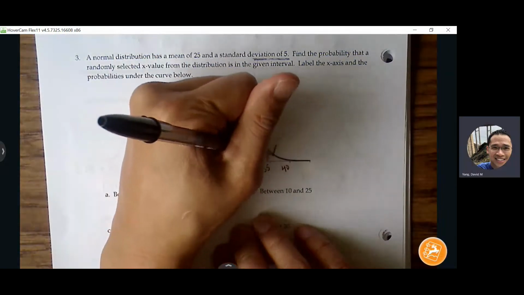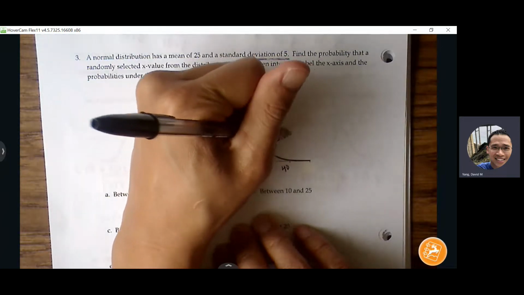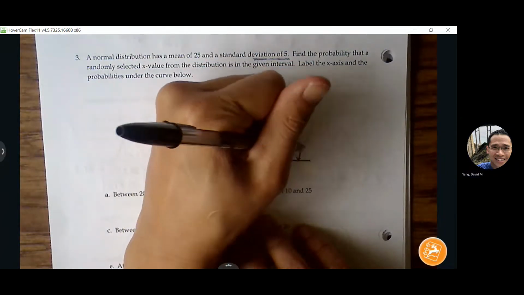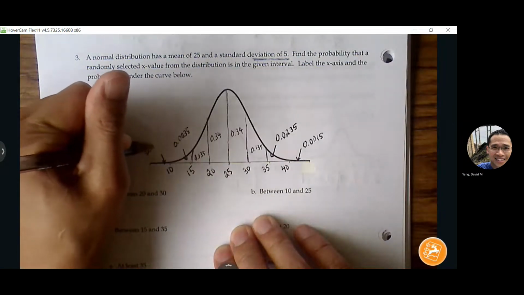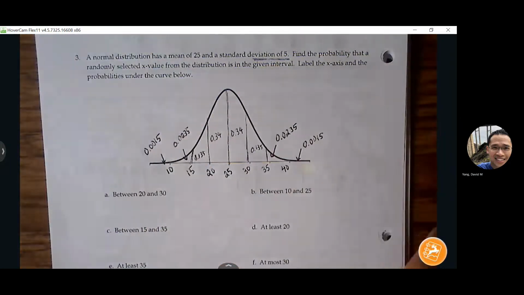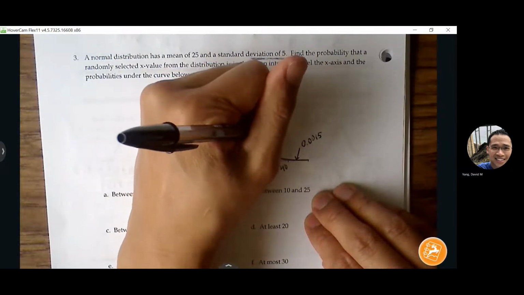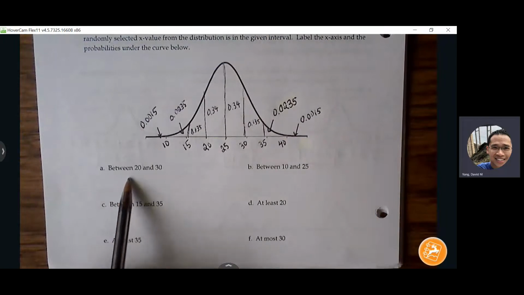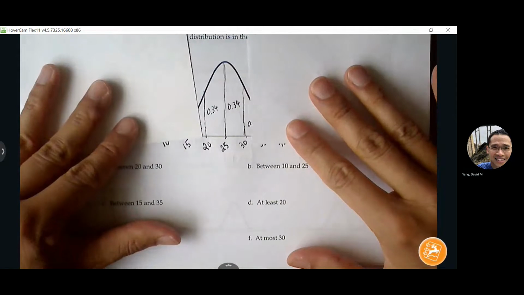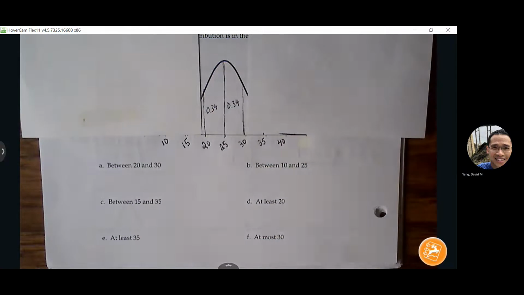We just want to get comfortable with the decimals. Instead of the percentages, we're going to use the decimals more, 0.0235. Okay, between 20 and 30. So here we go. 0.68, right?